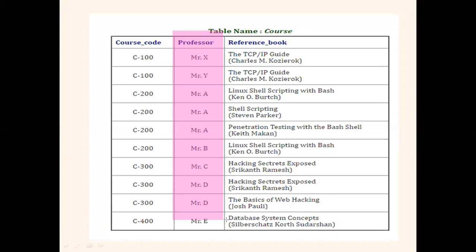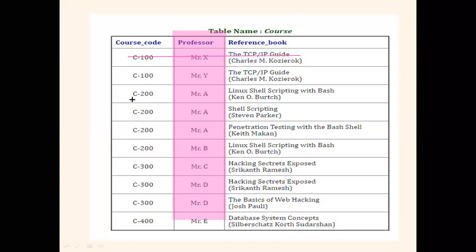So what happens with respect to this C100 and TCP/IP guide? Here also, C100 TCP/IP guide by Charles. So what do we do? Can I remove this whole one? Okay, so we have a single entry as well.